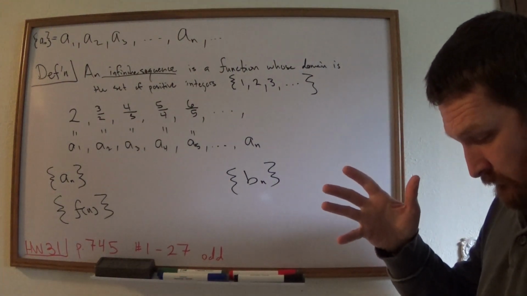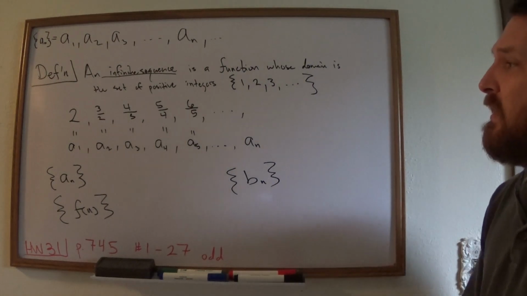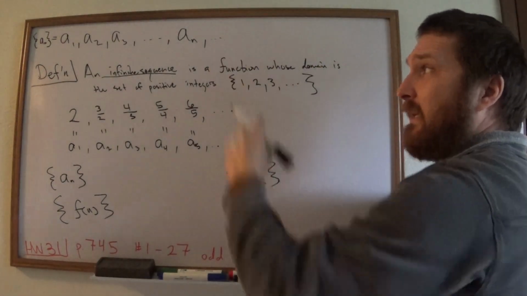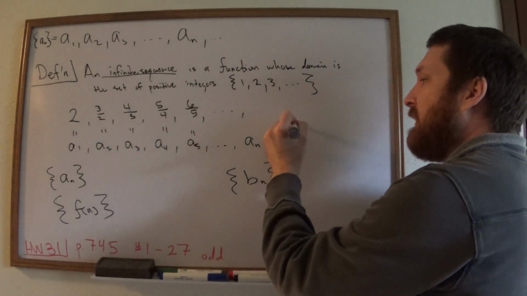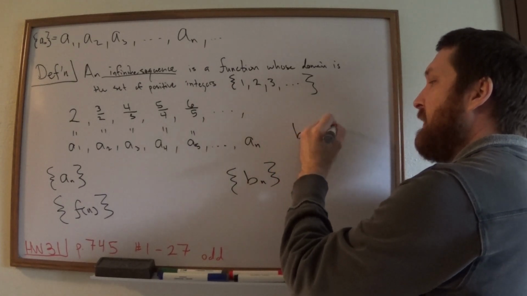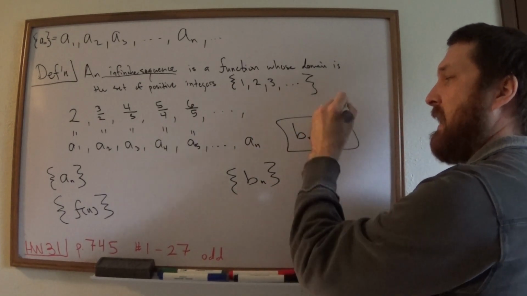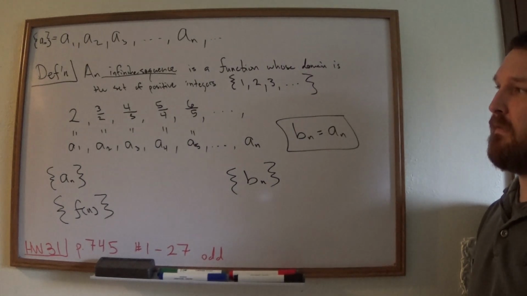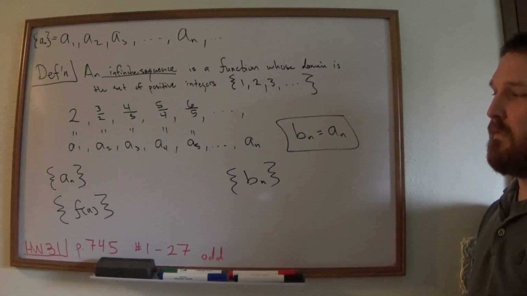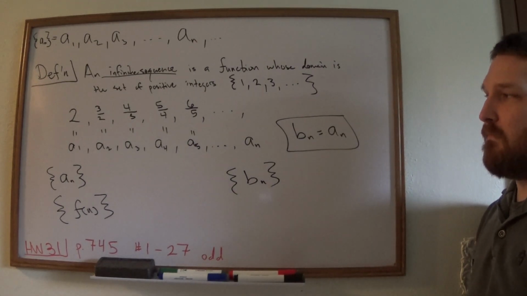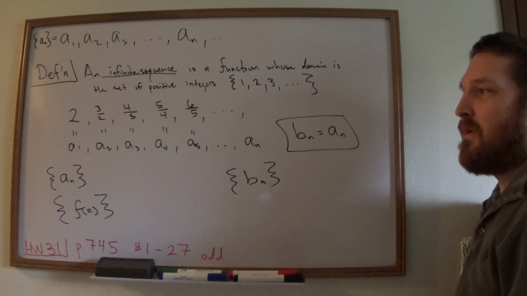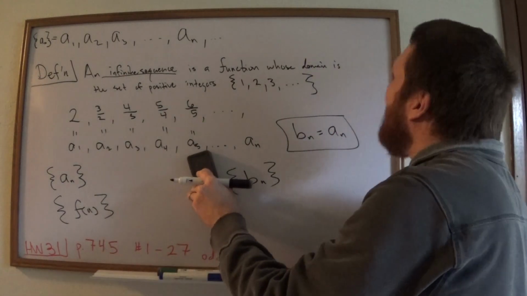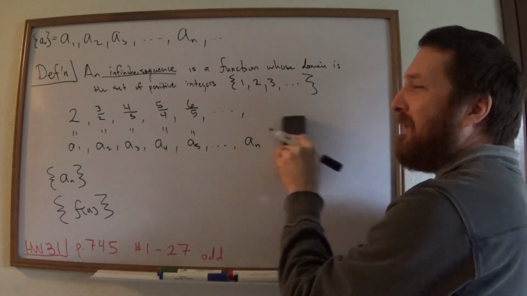That's something I didn't write down in my notes. Two sequences are equal if and only if every one of their terms is exactly equal. Your book says that, and I didn't bother to write it in there, because if it's the exact same thing, that's why I didn't bother to say it.